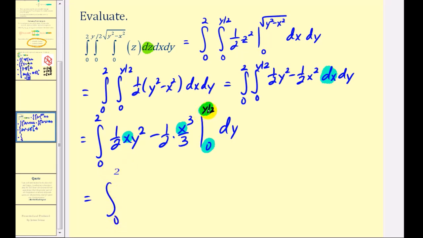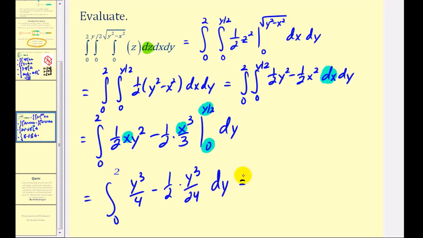So when x is y over 2, here we're going to have y to the third over 4. Minus, we're going to have 1/2 times y over 2 cubed. That's going to be y cubed over 8. So we're going to have minus 1/2, this would be y cubed over 8 divided by 3, which is y cubed over 24.